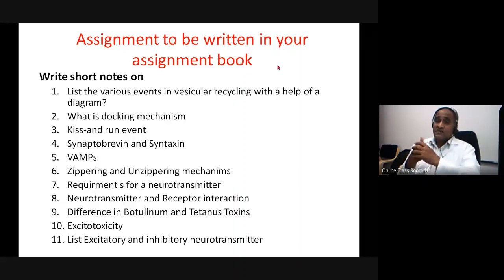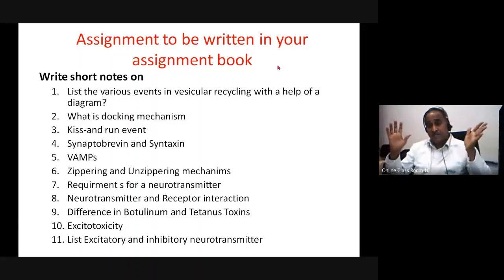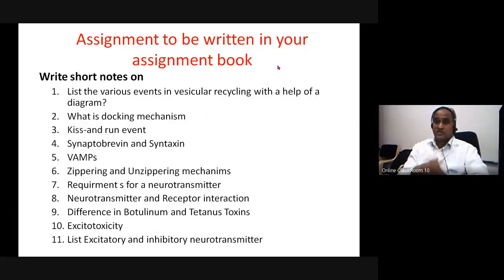Then I have differentiated between the botulinum and tetanus toxins in greater detail, because this is a question which often comes for your examination. Then I briefly mentioned excitotoxicity. This is not enough. Excitotoxicity is a very big chapter, but I just briefly introduced you to it.